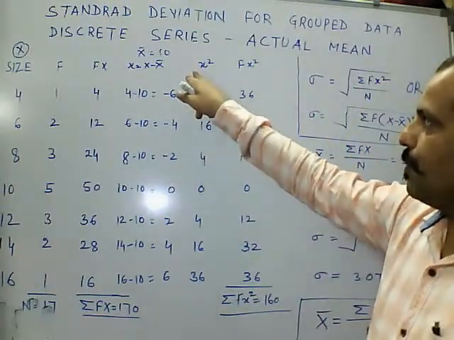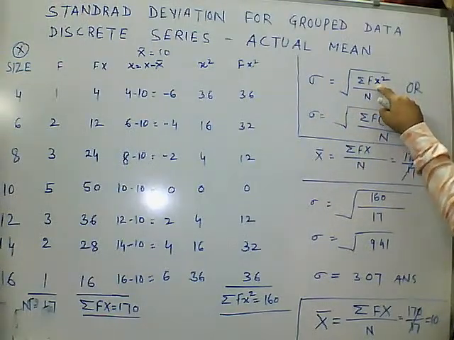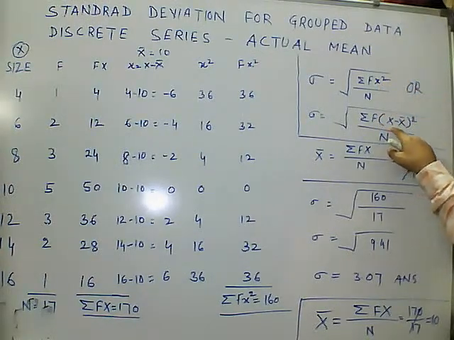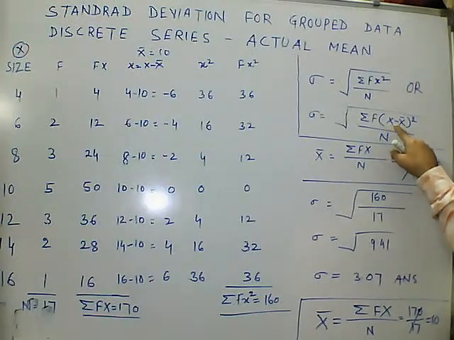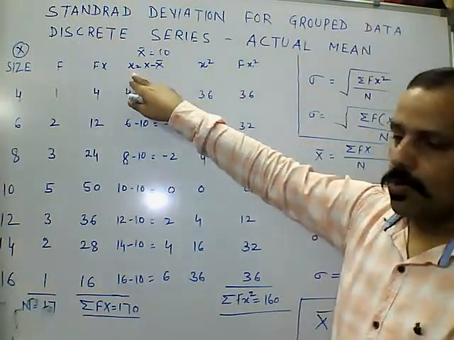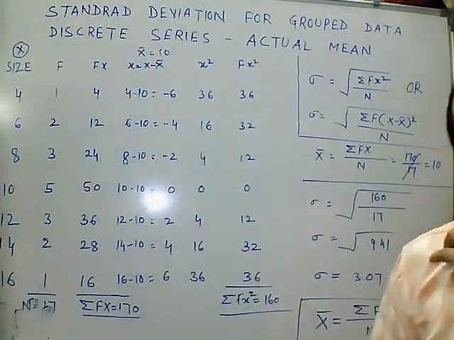Next step. Now here we have f into x square, or the square of the deviations. Or else you can see it as x minus x bar, x minus mean, whole bracket, whole square. So now square all these values, meaning the square of the deviation.